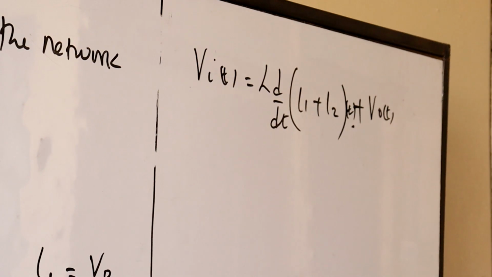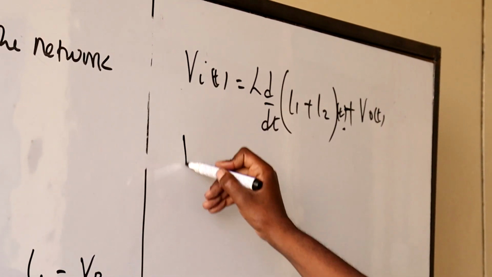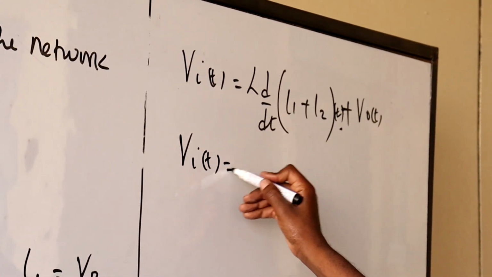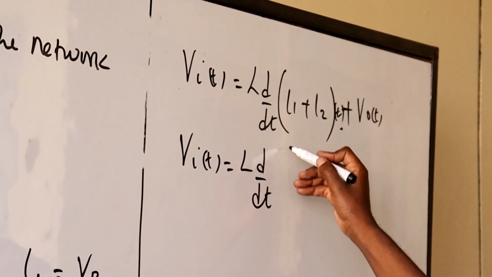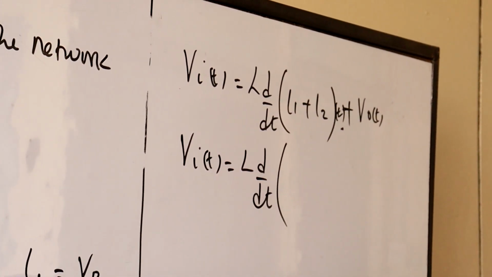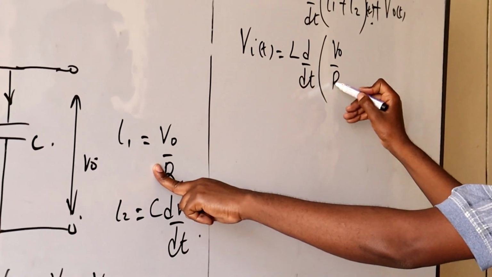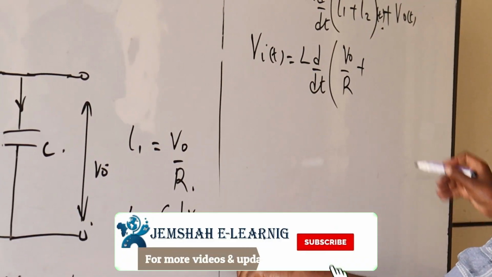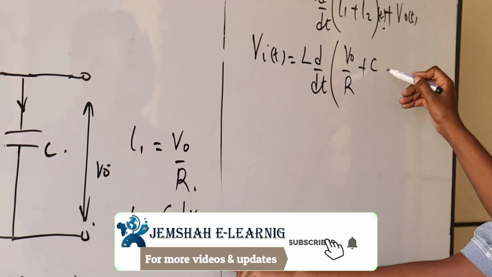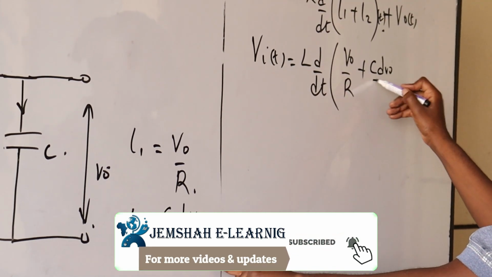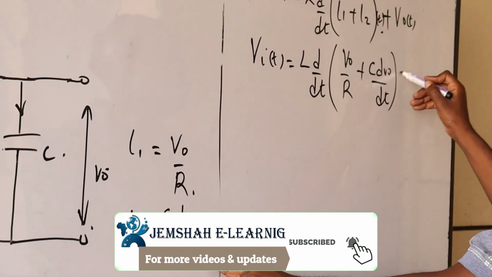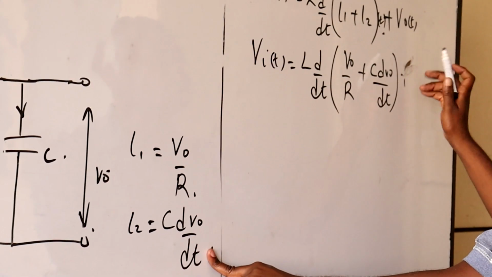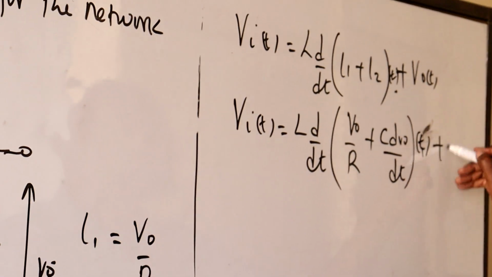And therefore, we can now say that Vi of t is equal to L d dt into what is I1? V out all over R, plus what is I2? C dV out all over dt. And then close the bracket, plus, of course, this is still in time domain, t, plus V out.